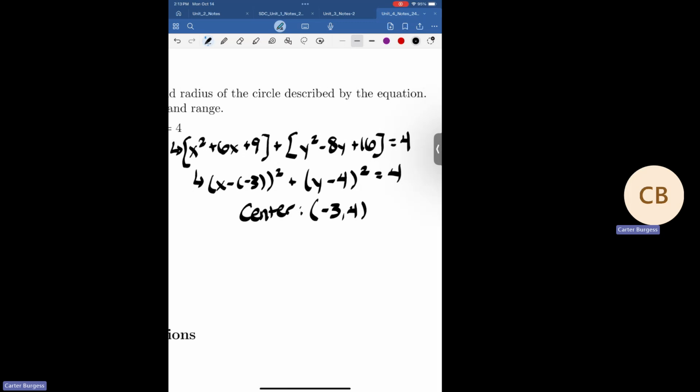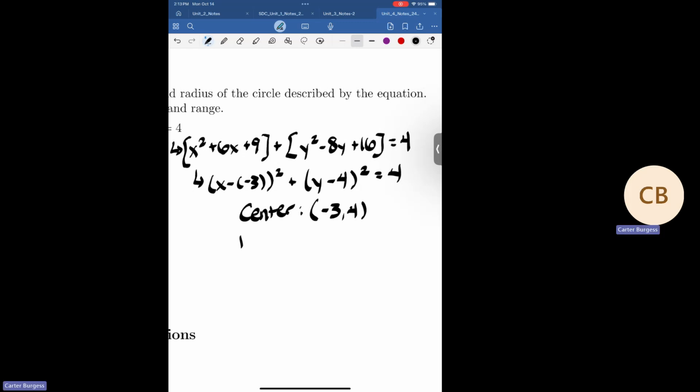Because we're taking a look at the x displacement, which required subtraction. So thinking back to that one-dimensional difference, it was always 7 minus 2 in order to figure out the distance between those. X minus h. H in this case being -3. Could you write that as x plus 3? Sure. I'm writing it as x minus -3 to make it really clear that the x value of the center is -3.